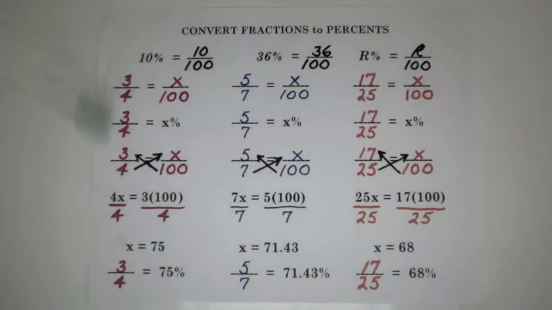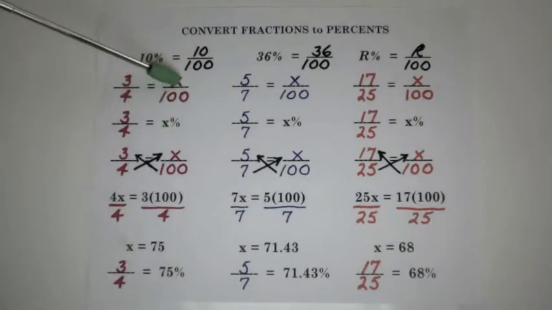Let's look at the first example. 3/4. I want to write this fraction as a percent. So my first goal is to rewrite this fraction as an equivalent fraction with 100 in the denominator. If I do that, this is the same as x percent. X over 100 is x percent.